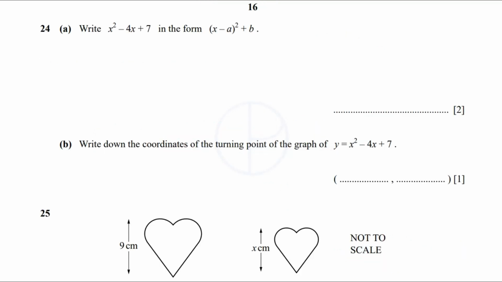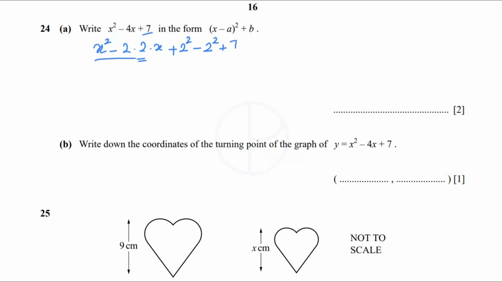The next question is write x square minus 4x plus 7 in the form (x minus a) the whole square plus b. Let's rewrite this expression as x square minus 2 times x times 2. This is of the form minus 2ab and x square is there. So let's add and subtract 2 square, and plus 7.